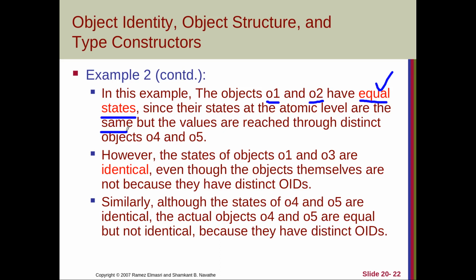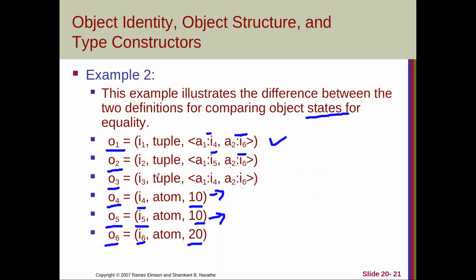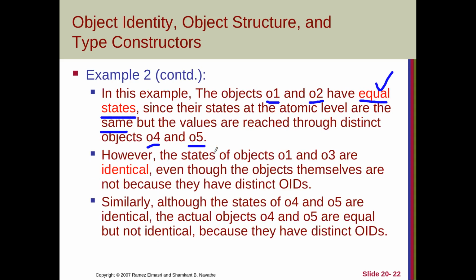But the values are reached through 2 different objects, O4 and O5. So we cannot say that O1 and O2 are the same, but we can say that these 2 different objects have equal states only. They are not exactly the same; they have equal states.